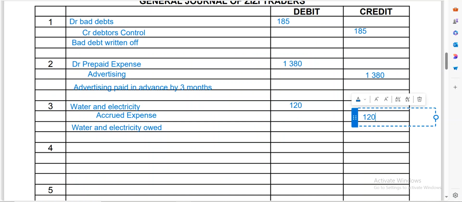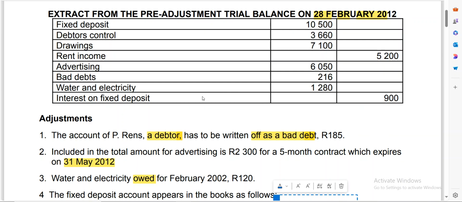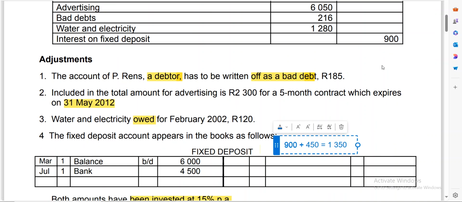Now we need to check, did we really get 1,350 or not on interest on fixed deposit? So if you look at this, we only got the one for 900, so meaning that we will need to record the accrued income of 450.